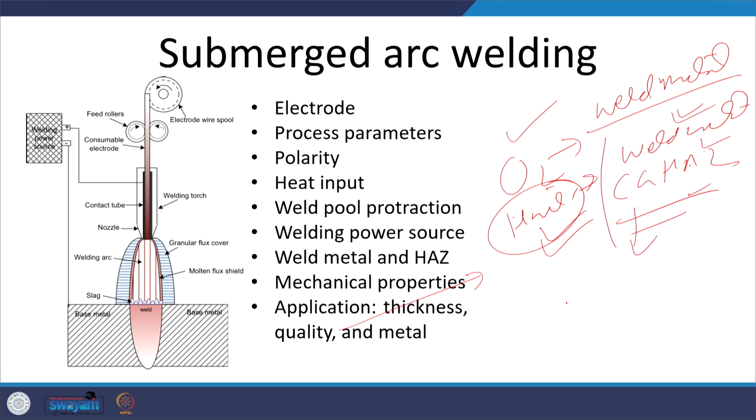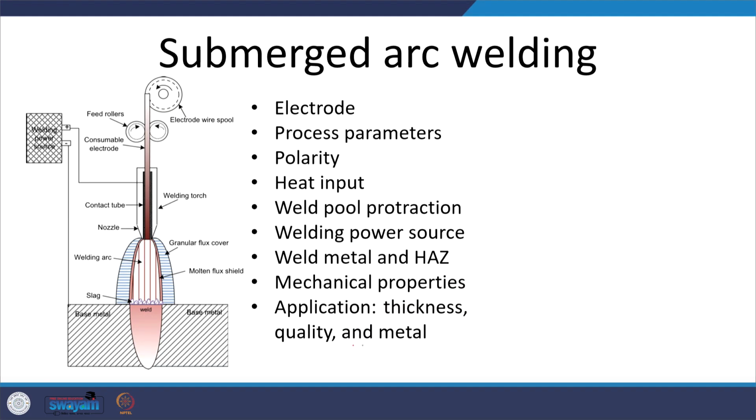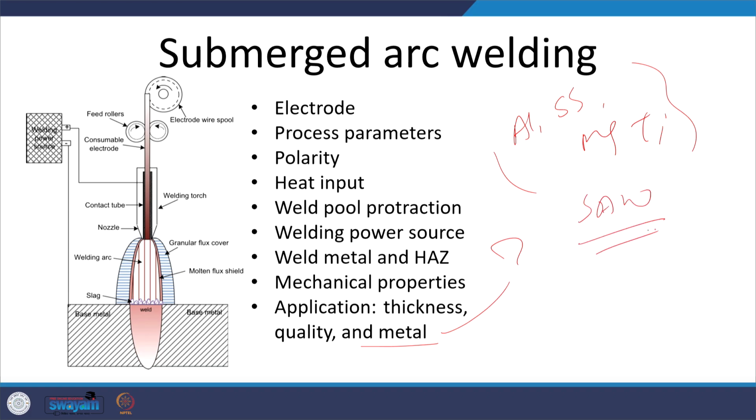To improve the properties, certainly we will have to use the post weld heat treatment in order to restore the properties. Okay. Now, as far as the metals are concerned, metals which are very sensitive to the atmospheric gases, like aluminum, stainless steel, magnesium, titanium, are usually not welded by SAW. Okay.